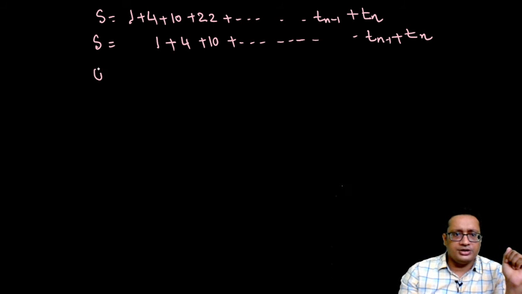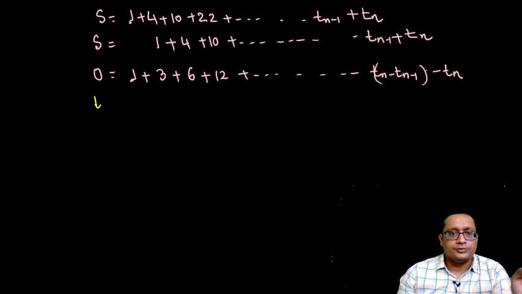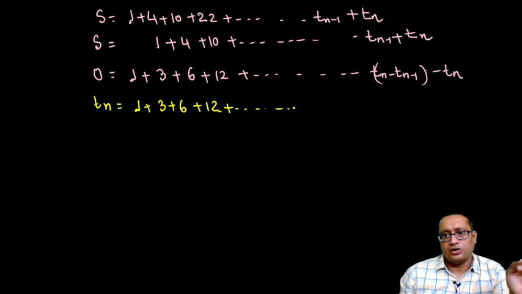Subtract it. It becomes 0 here, and here 1 plus 3 plus 6 plus 12, dotted, comes, and Tn minus Tn minus 1 minus Tn. So Tn goes to the left, and here becomes 1 plus 3 plus 6 plus 12, dotted, Tn minus 1.